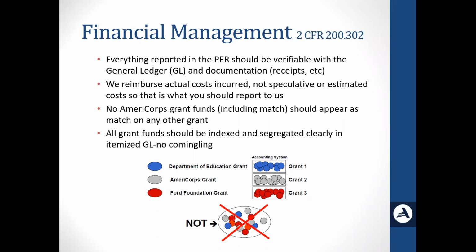Everything that you report in the PER should be verifiable with your records, your general ledger, documentation, everything. So we reimburse actual costs incurred. We don't deal with estimates or expected costs.